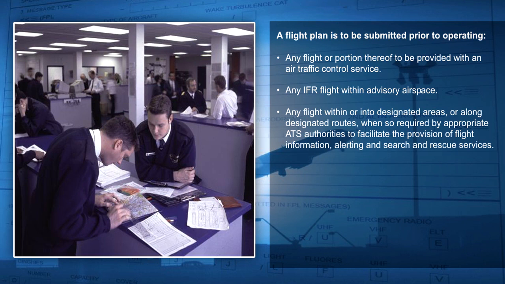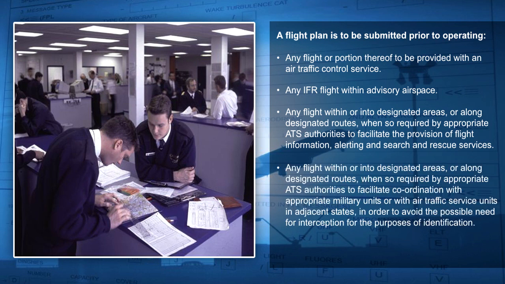along designated routes when so required by appropriate ATS authorities to facilitate the provision of flight information, alerting and search and rescue services, or any flight within or into designated areas or along designated routes when so required by the appropriate ATS authority to facilitate coordination with appropriate military units or with air traffic service units in adjacent states, in order to avoid the possible need for interception for the purposes of identification.